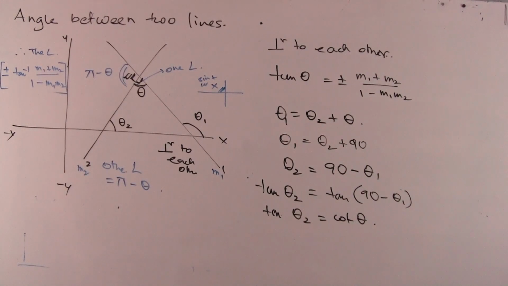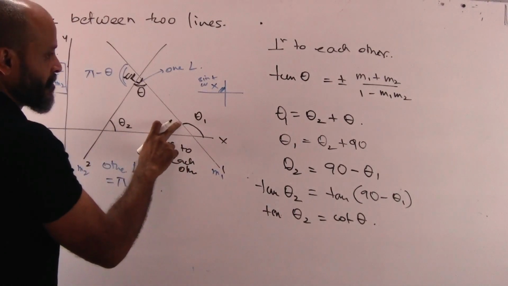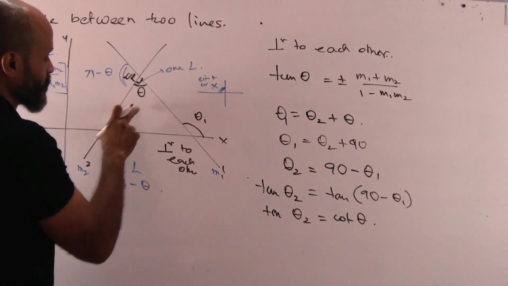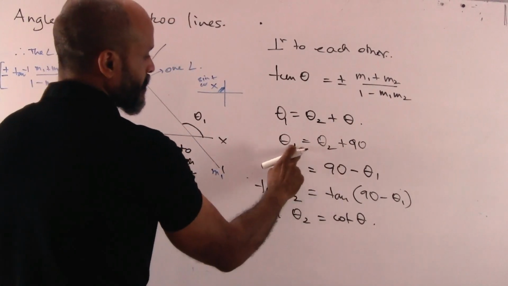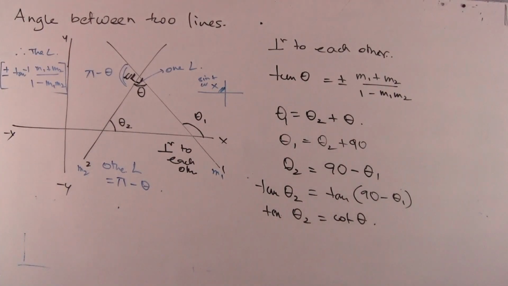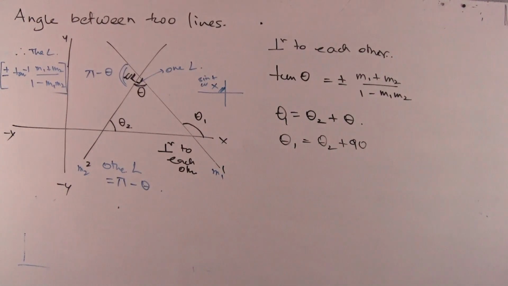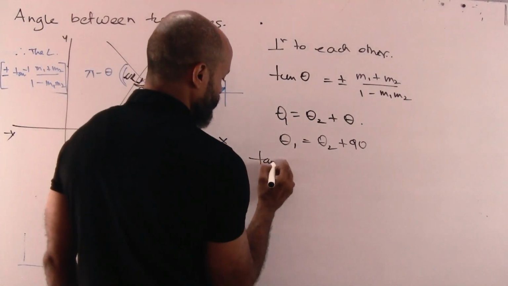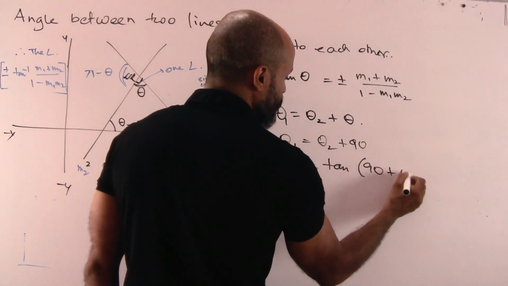Okay, let me just check this out. Tan theta 1, I am maybe going wrong here. Theta 1 is equal to theta plus theta 2, and theta is 90. So, let's go ahead in this way. Theta 1 is equal to theta 2 plus 90. So, tan theta 1 will be equal to tan of 90 plus theta 2.